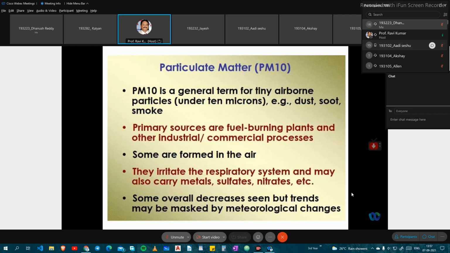They irritate the respiratory system and may also carry metals, sulfides, nitrates, and oxidants. Our friend is asking what PM will contain. PM will contain a lot of metallic particles, and sulfates and nitrates will come out from this exhaust gas. Some overall decreases are seen, but the trend may be masked by meteorological changes.